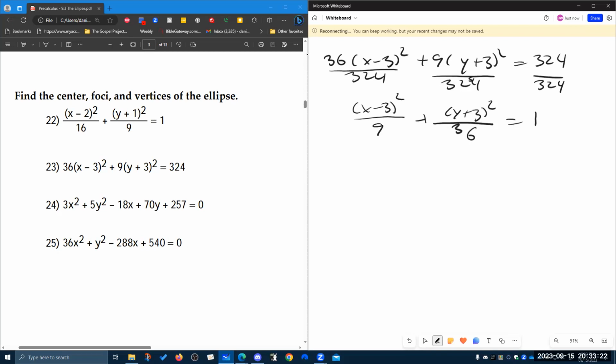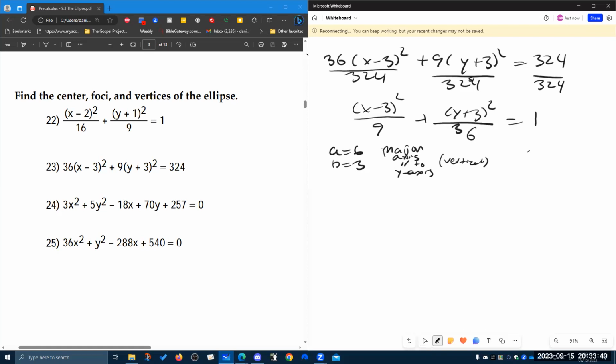So our a is 6 and our b is 3, and this is going to be a major axis parallel to the y-axis, meaning that this looks vertical, it's stretched vertically.